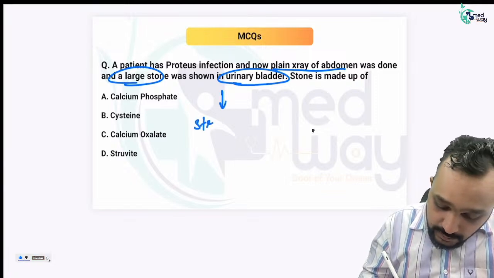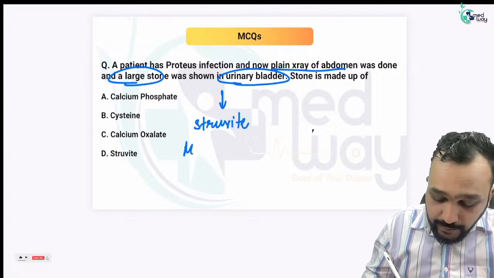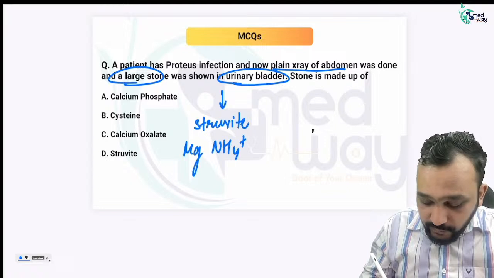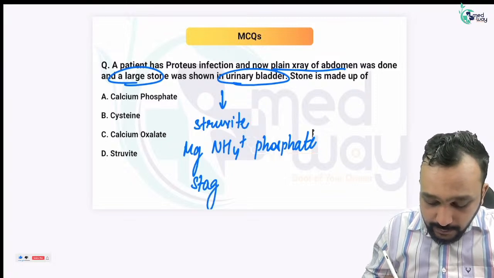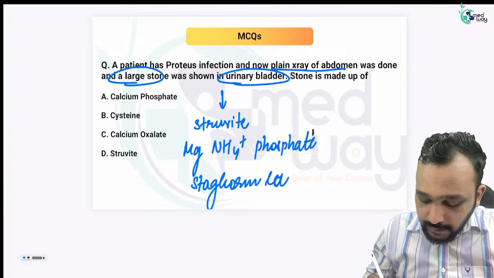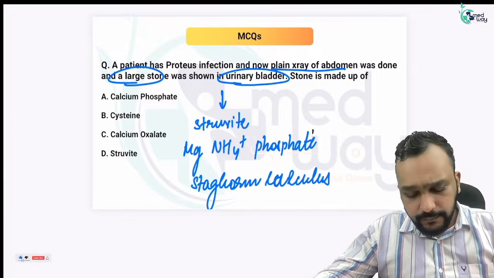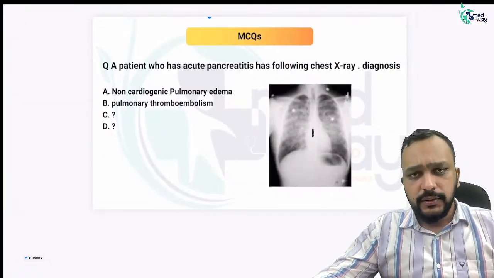It is the white stone, a magnesium ammonium phosphate stone. It can result in a staghorn calculus within the renal pelvis. So this was more of a microbiology question.